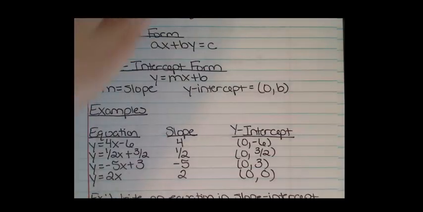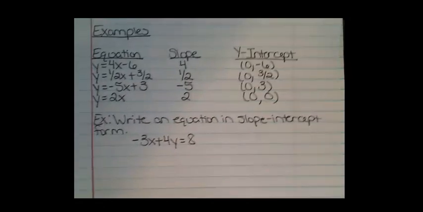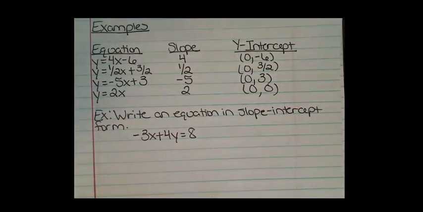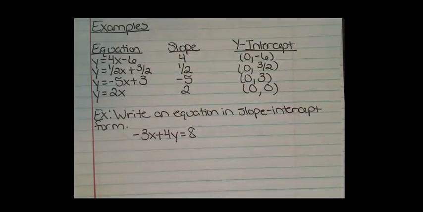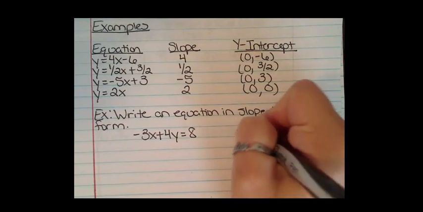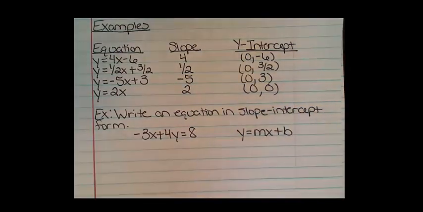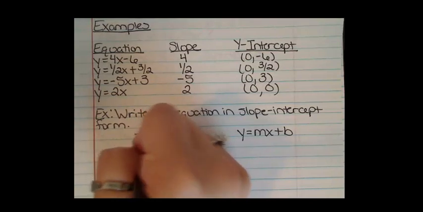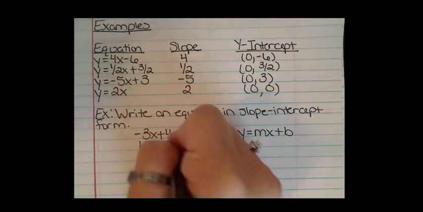Alright, let's work a problem. Here's an equation that's in standard form, and we need to write it in slope-intercept form, so that it looks like y equals mx plus b. If you notice, in slope-intercept form the y is by itself, so that's all you need to focus on: getting the y by itself. Let's add the 3x to both sides, and that leaves us with 4y equals 3x plus 8.